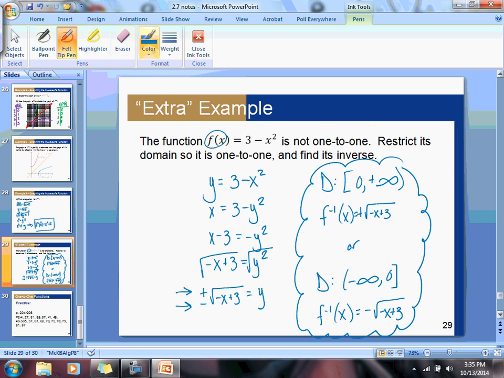And if you need to think of this graphically, remember that square root function looks like a little parabola laying on its side. So I'd have all the positive values here and then all the negative values there. And if we did the vertical line test, it's not going to be a function. But if I have just the positives, that passes the vertical line test. Or if I have just the negatives, that passes the vertical line test. So separately, they are functions, but together, they're not.